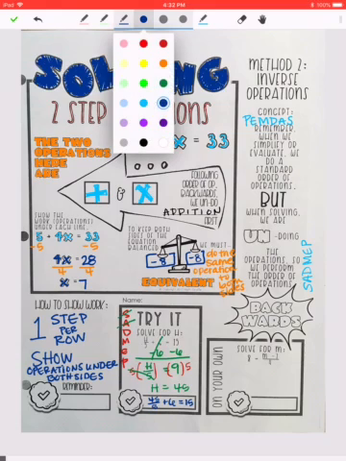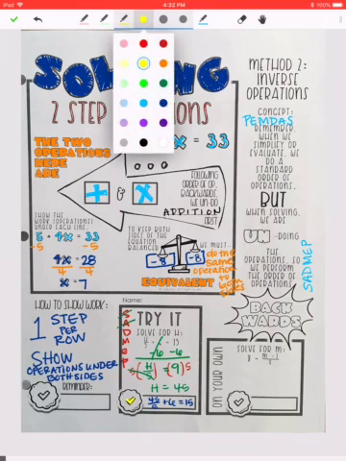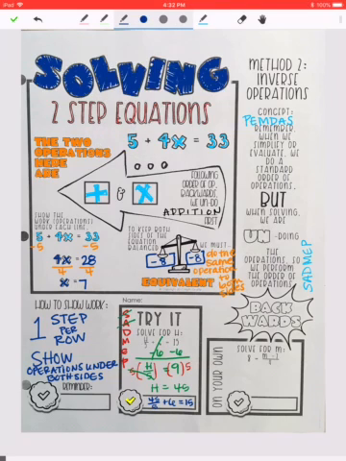So my answer is correct. Okay, so to the left, you might want to write, check your work. And you can do so by plugging the solution back in.